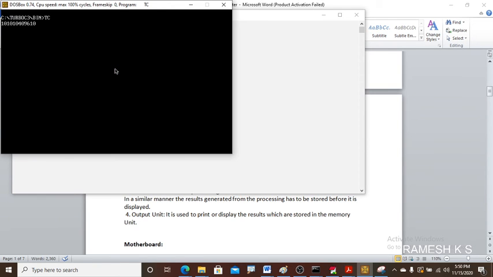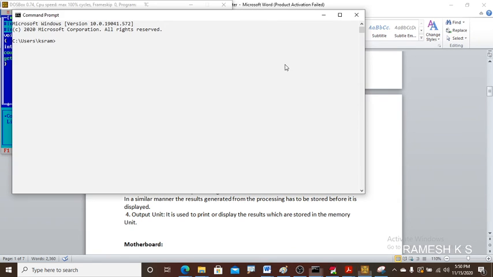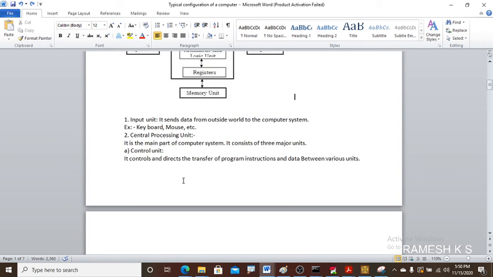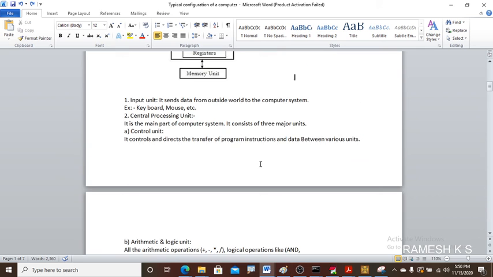See, I am getting the result, and as output you are seeing the result. Correct? That is the displaying of the results with the help of which unit? The output unit, this monitor. This monitor is displaying the content. This is the output unit. And with a printer, whatever text there is will be displayed on paper. So the printer is an output unit device.